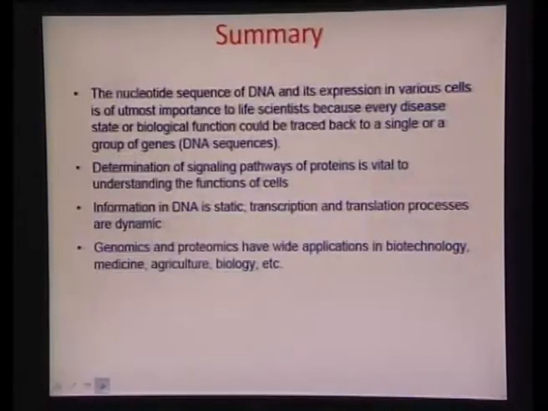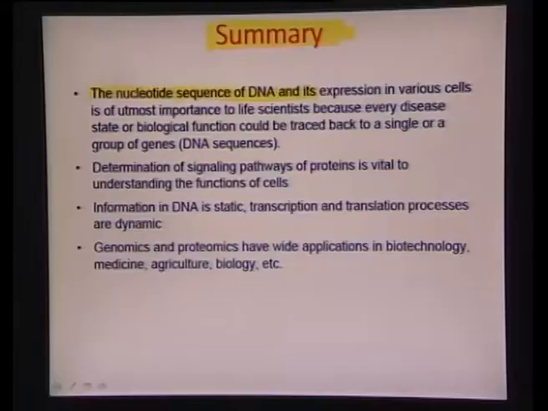In summary, the whole area that we have been discussing so far of transcription and translation revolves around the fact that the nucleoside sequence of DNA and its expression in various cells is of utmost importance, because every diseased state or biological function of a cell could be traced back to a single gene or a group of genes, as DNA sequences.